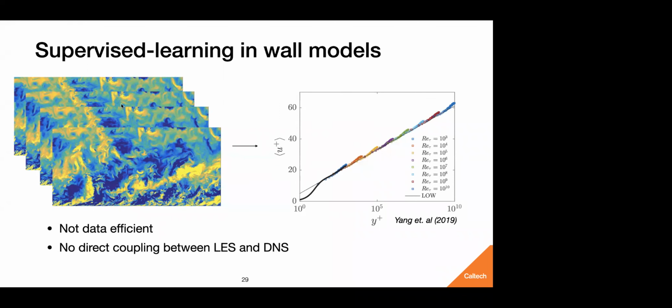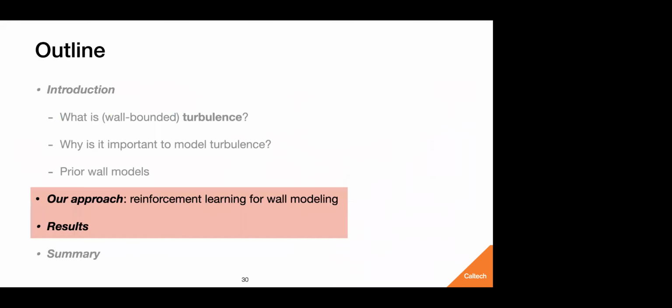And because of that, even though these supervised learning models do well a priori when you test them, when you put them in an actual simulation and run wall-modeled LES, a lot of the time the results will change quite a bit, just because it's not trained on LES-type flow fields. So again, those are some reasons that supervised learning might not be the most efficient way to do wall modeling.